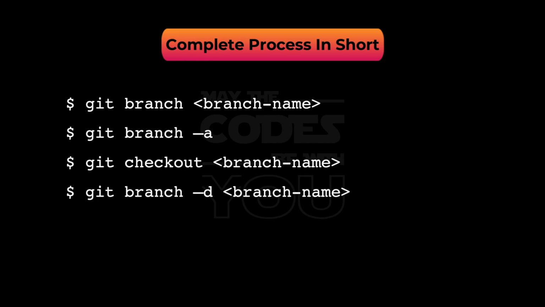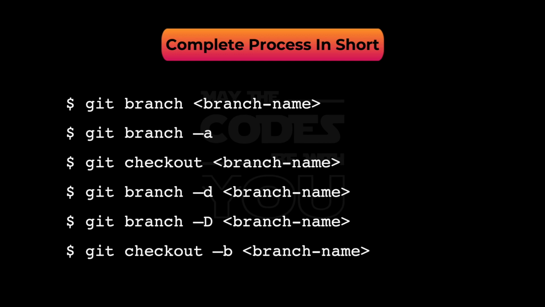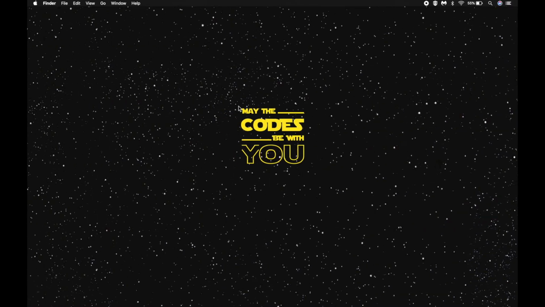The next one was git branch -d and the branch name to delete the branch only if the branch is merged or has no change. At this stage we have seen an error that the branch has not been merged, so we have to use the command with capital D to delete the branch, and then at last, to do both the work of creating a branch and checking out to that branch in one command, that is git checkout -b and then the name of the branch.